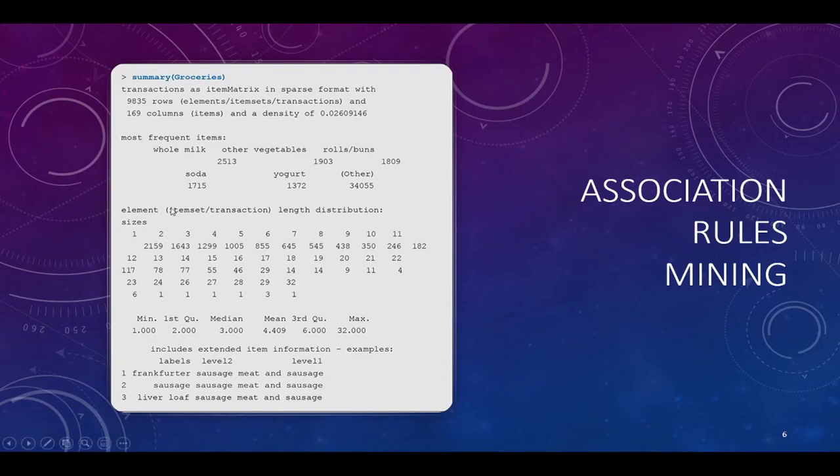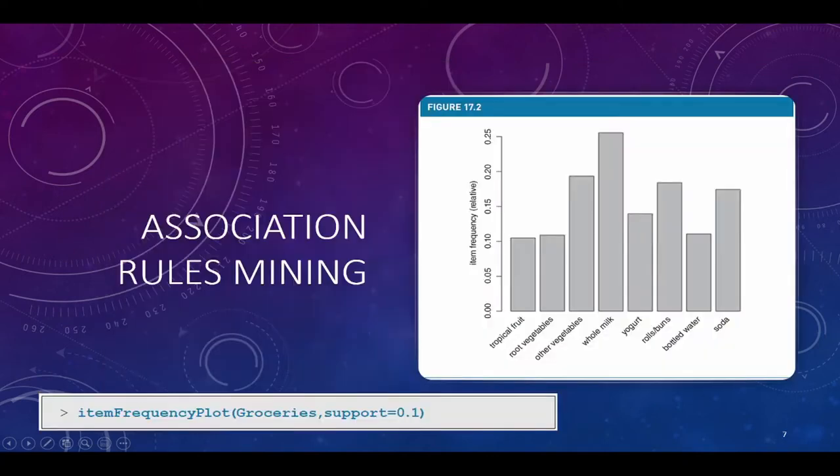So here we can see an item is going to be represented as a 0 if it's not in any basket, and by a 1 if it is. This is how you can see that it's going to be sparse, because most of the baskets are not going to have every single item, so you're going to have a lot of zeros in there. You can also look down here and see a bunch of the items that are looped together. You can also see the most frequent items at the top.